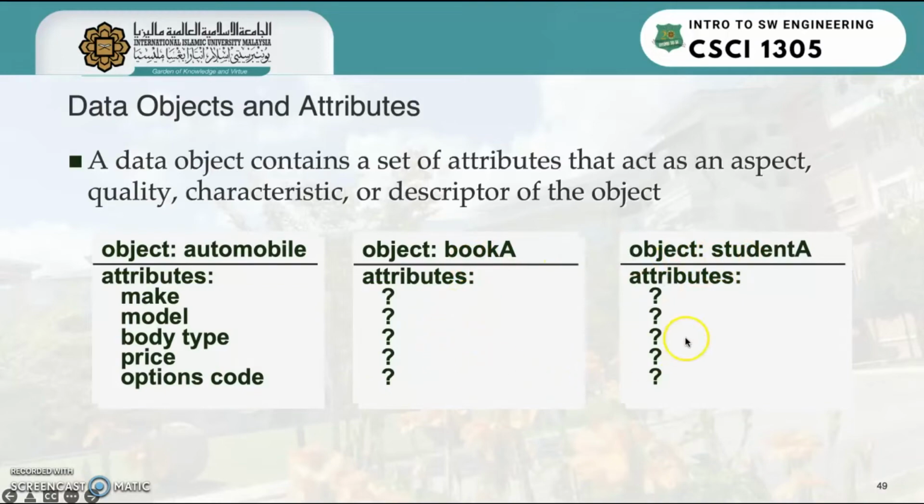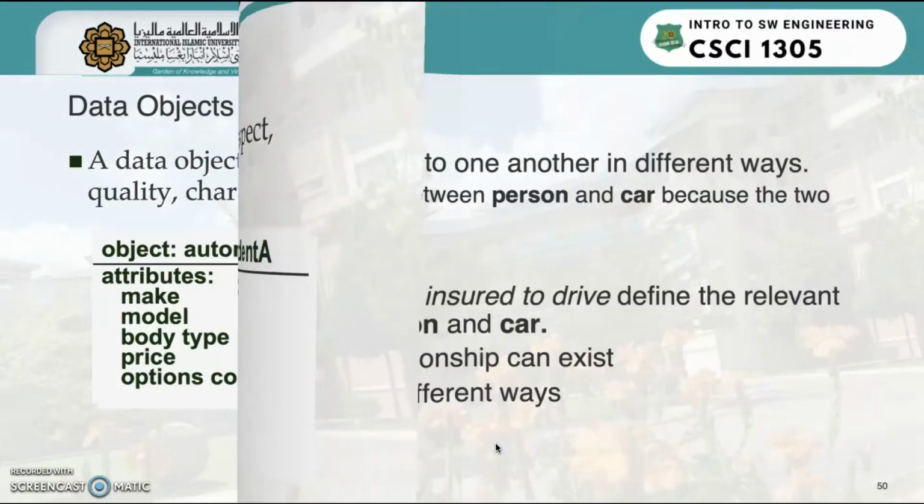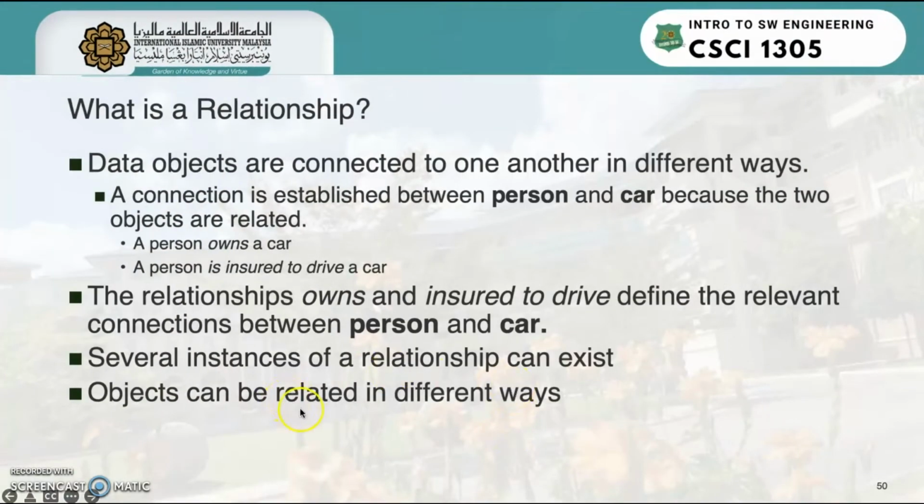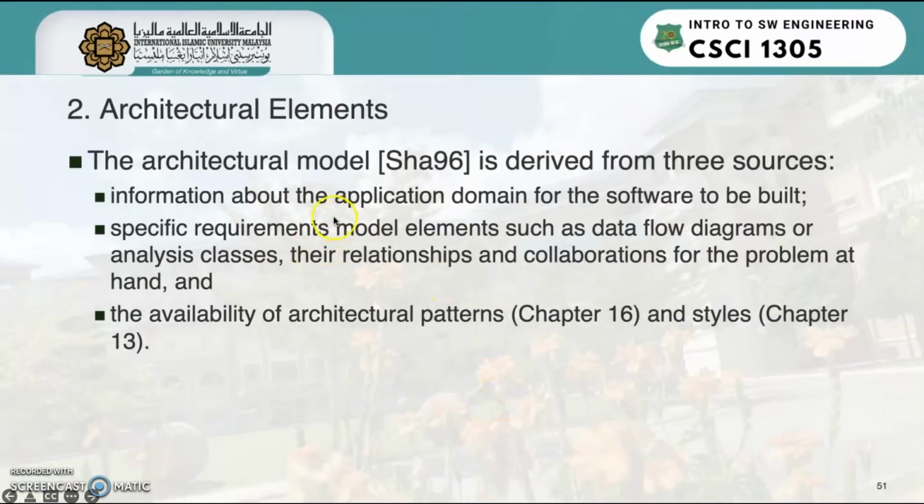What are the attributes that are relevant? Then we have the relationship between the objects. For example, between a person and a car, if a person owns a car, the owns is actually a relationship.